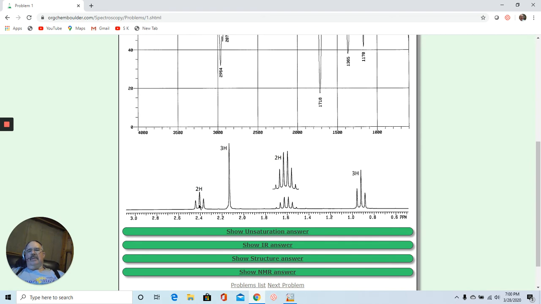Okay, on the other side of the carbonyl, we have a CH2. I know that because of the integral. And this is a triplet, so that tells us there's a CH2 next to it. So we've got CH3, carbonyl, CH2, another CH2, and a CH3.